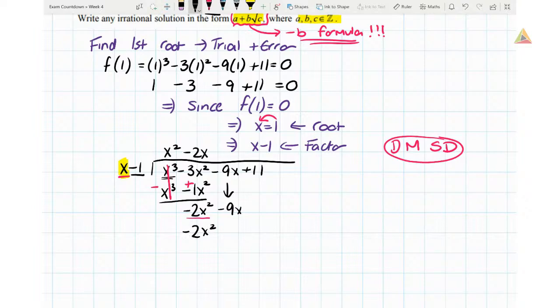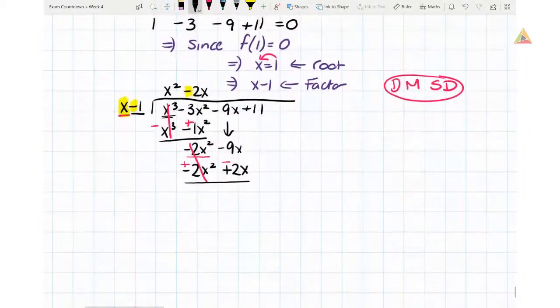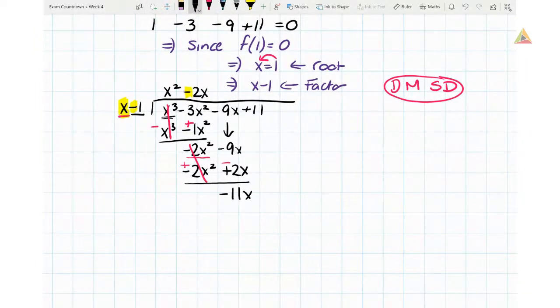Minus 2x by minus 1, be careful with signs here, gives you a plus 2x. We're going to subtract, so we change the signs. That becomes a plus, that becomes a minus. These cancel as we expect, and we've got a minus 9x minus 2x, which gives us a minus 11x.